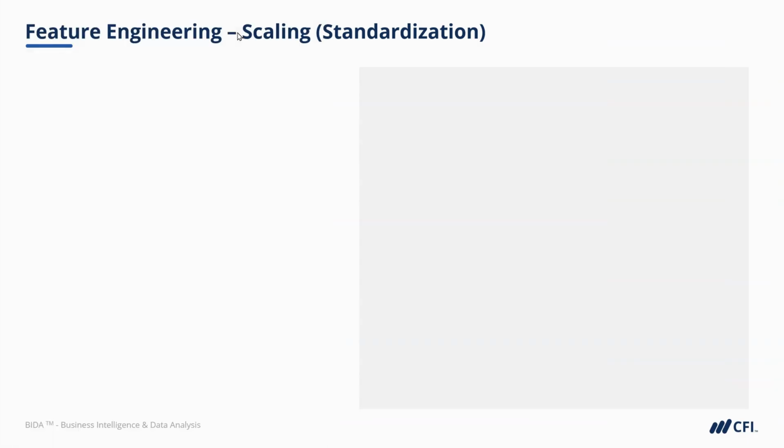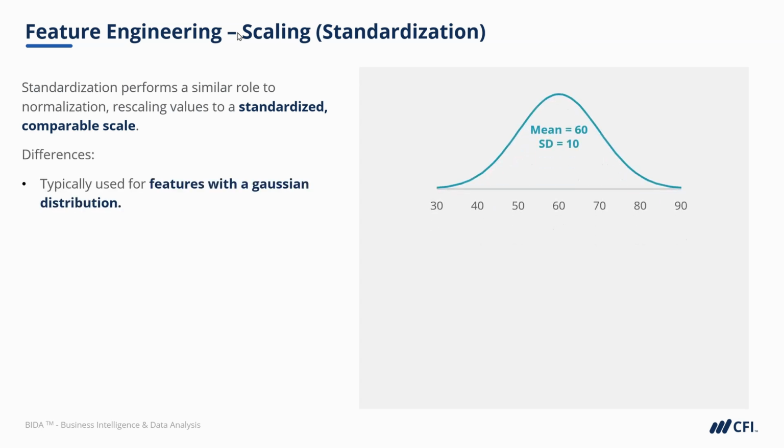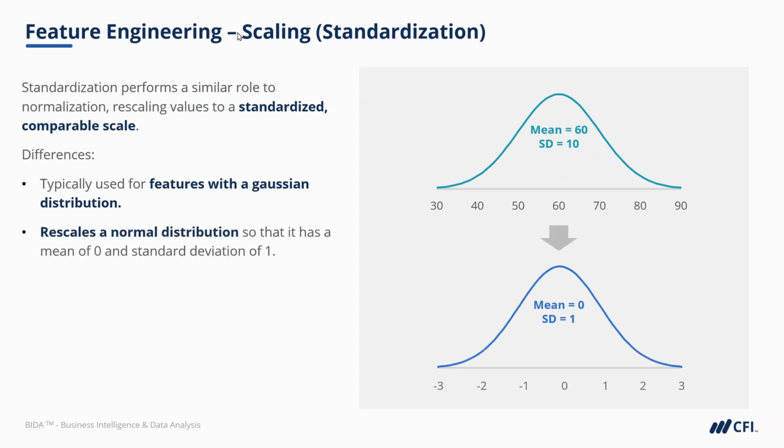A slightly different form of scaling is called standardization. Standardization performs a similar role to normalization, rescaling values to a standardized, comparable scale. The difference is that standardization is typically used for features with a Gaussian distribution. Here, standardization has helped us change a normal distribution with a standard deviation of 10 and mean of 60 into one with a standard deviation of 1 and a mean of 0.